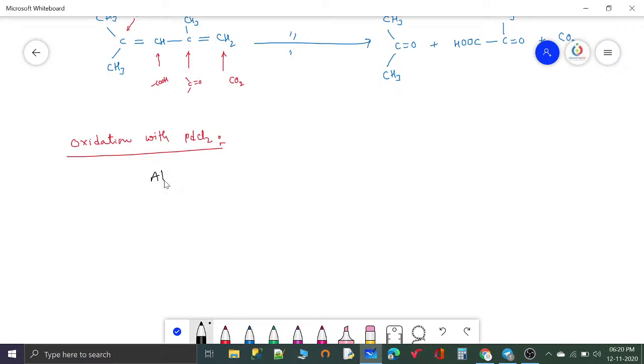You take the alkene and subject it to palladium chloride in the presence of water at approximately 50 degrees centigrade, or else you can use palladium with CuCl2. They may give either combination, palladium with cupric chloride; the temperature is common. It converts the alkenes to carbonyl compounds.